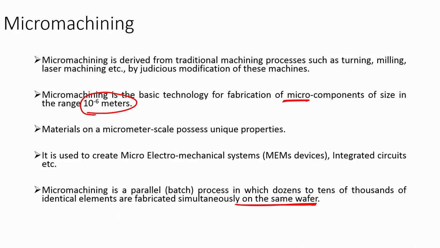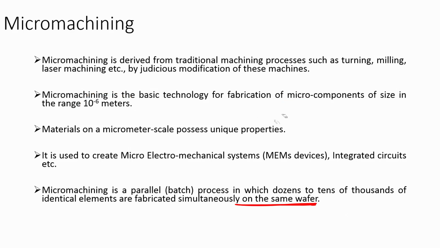So, if you see machining technology, then you will understand that we can have batch processing where thousands of identical elements can be fabricated on a single wafer at one time, that is simultaneously.